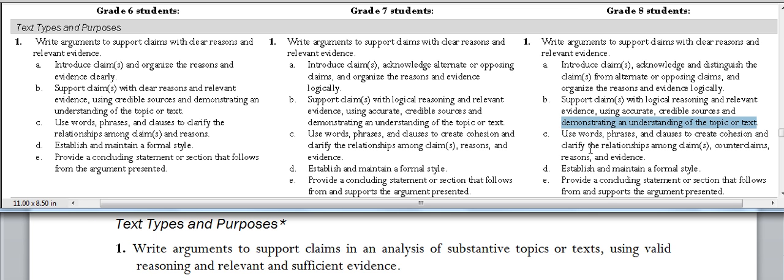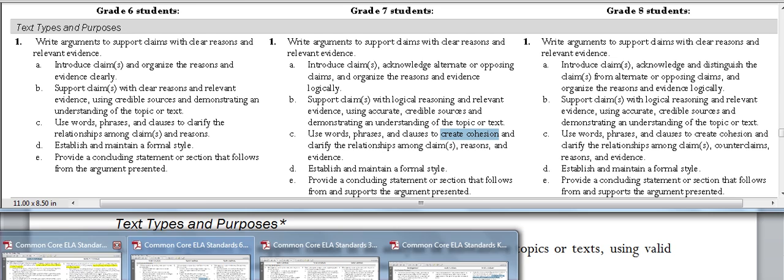C does not specify specific transitional words or phrases, but in 7th and 8th grade, you're being instructed that your students must use them to create cohesion and clarify relationships.